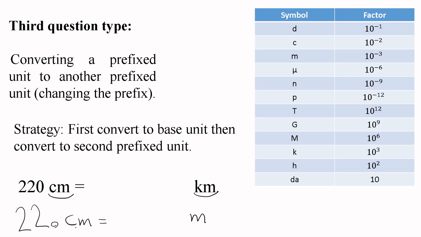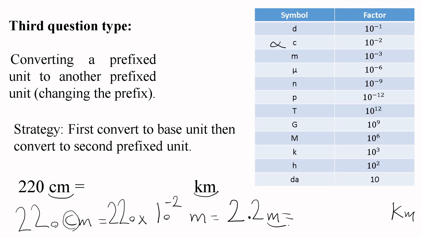I must multiply by the factor of centi. What was the factor of centi? 10 to the power of negative 2. So 220 times 10 to the power of negative 2. Now we have it. It's going to be 2.2 meter.